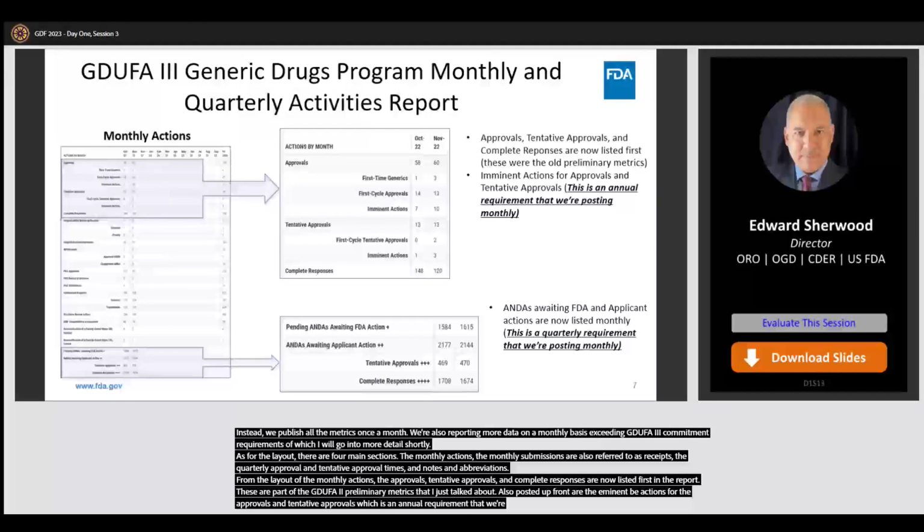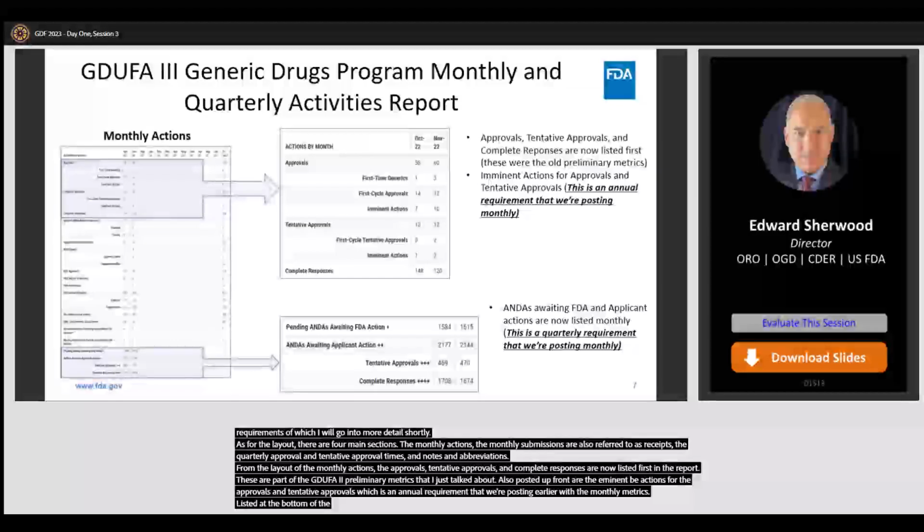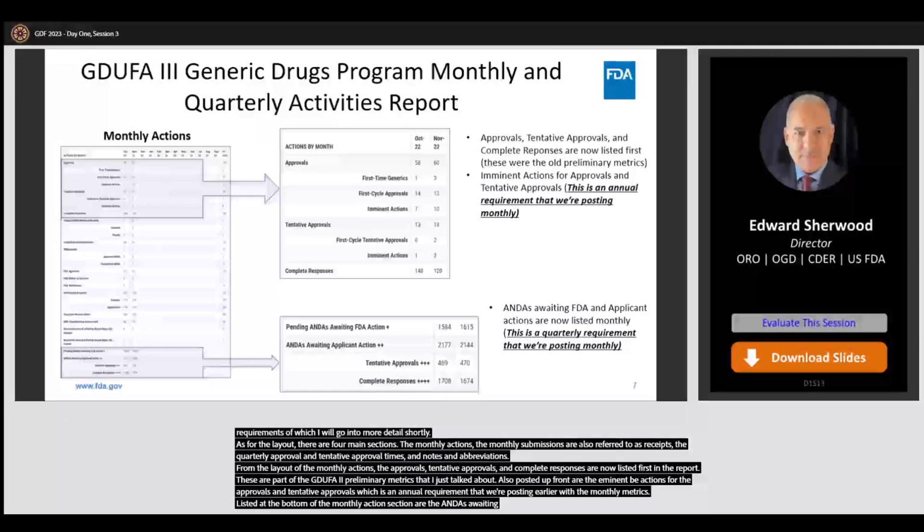Listed at the bottom of the monthly actions section are the ANDAs awaiting FDA and applicant actions, which are now listed monthly per GDUFA III. This is a quarterly requirement, but we're posting this monthly.